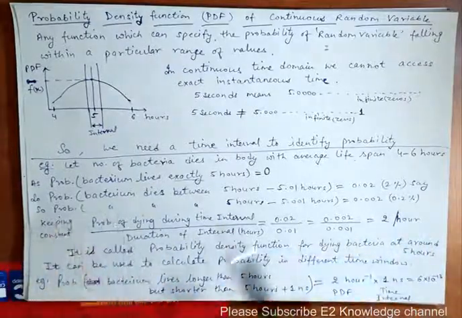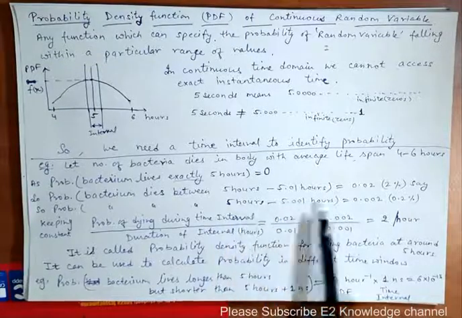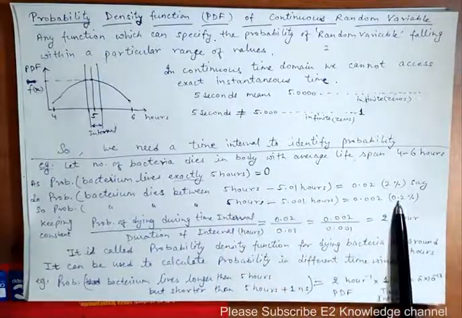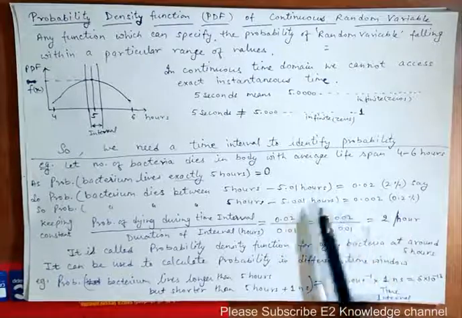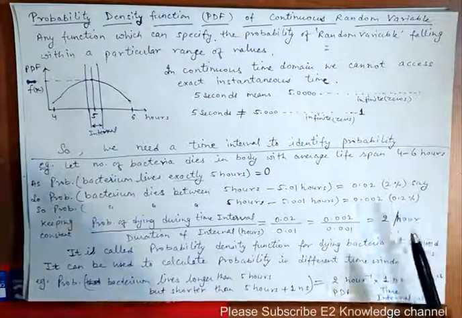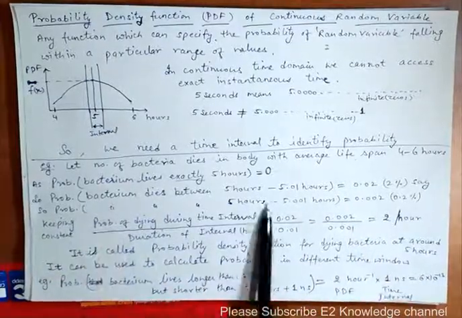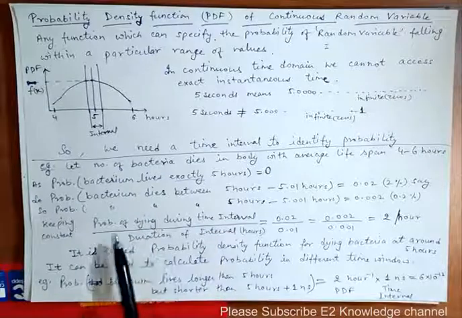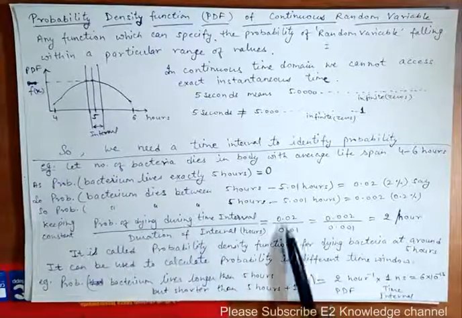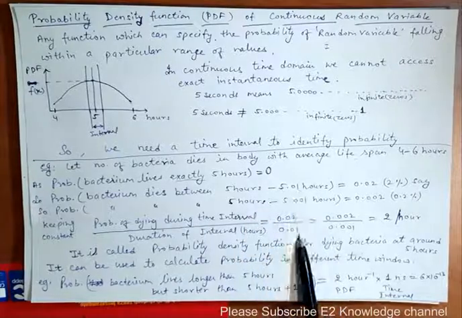Now, if we squeeze the time interval to 5 hours to 5.001 hours, the probability will obviously decrease because the time duration decreases, in the same ratio. Suppose it is 0.2%. So we keep constant the probability of a bacterium dying during the time interval divided by the duration of the time interval. In the first case it is 0.02 over a difference of 0.01.